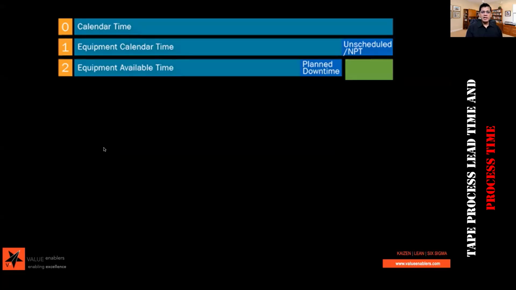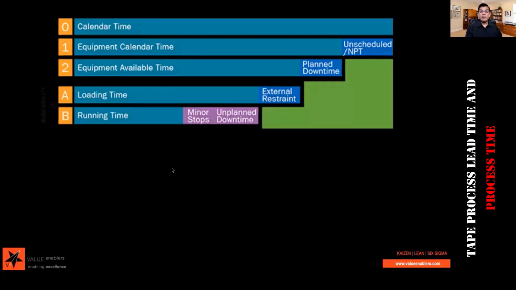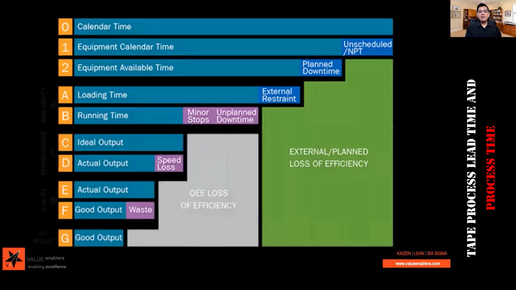Some people will say calendar time, equipment calendar time, equipment available time, speak about loading time, then running time. In running time, they talk about minor loss and planned time, then ideal time, ideal output, actual output based on speed losses, and actual good output based on waste, and then finally good output. This is nothing but the previous slide, what we said. This they call OEE, and particularly these two they call external or planned losses of efficiency. These are all different ways of representing.